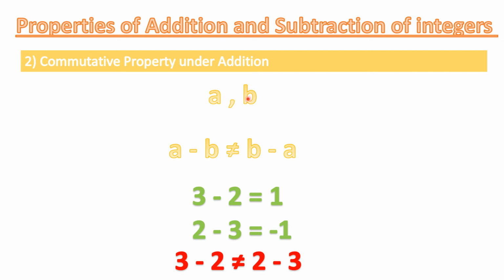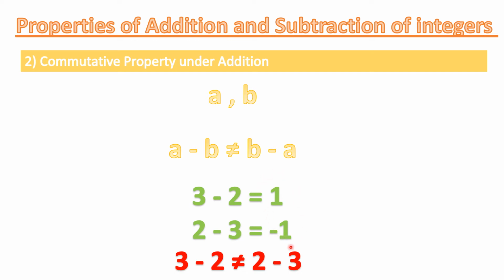Next example, we have taken two integers and we have subtracted them. Let's see, 3 and 2 are both integers. 3 minus 2 is 1. Now let's change the positions. Let's put 2 first and 3 second. 2 minus 3. 2 minus 3 is minus 1.